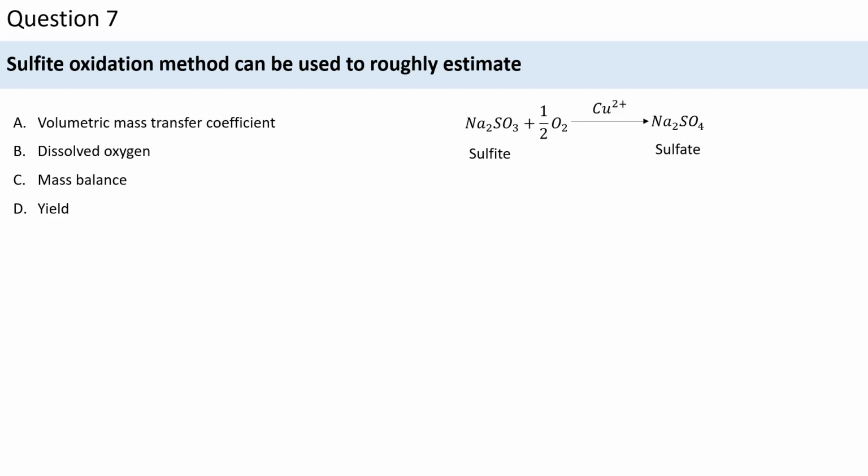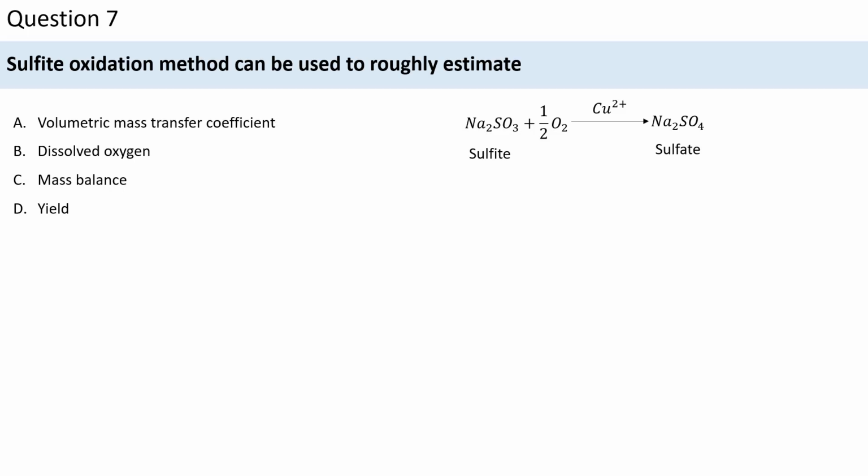This means your oxygen has reacted with the sodium sulfite very well, which means the oxygen that entered the sodium sulfite solution was properly broken up by the impeller, and the dissolved oxygen concentration would have been very high. That's why it had the opportunity to interact with the sodium sulfite and transform into sodium sulfate.